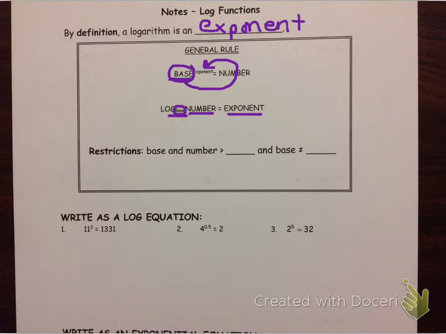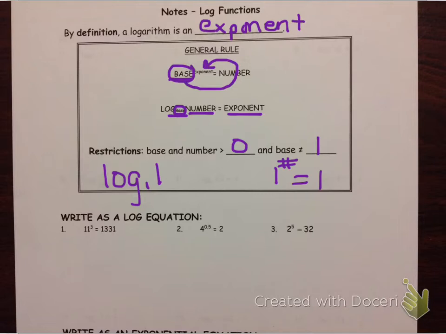Your base and your number both have to be numbers bigger than 0, and your base can't be equal to 1, because if your base is equal to 1, then it doesn't matter what number you raise that 1 to, your answer is always going to be a 1. So if I asked you to do a log with a base of 1, first of all, the only number that could go inside of it would automatically be a 1.